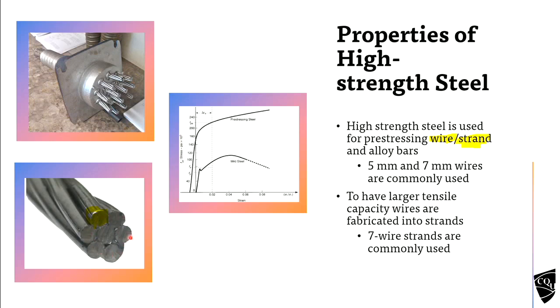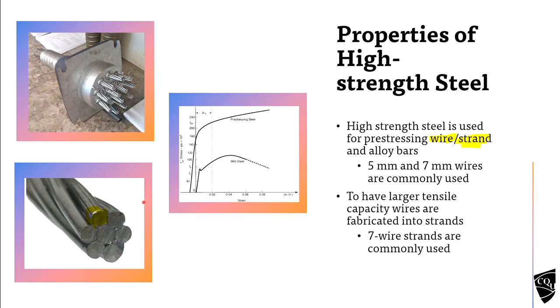The whole assembled thing is called a strand. Using multiple wires, it can be 2 wires or 3 wires or 4 wires, we can have strands. Here it is 7 wires.